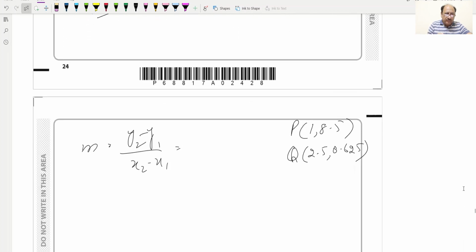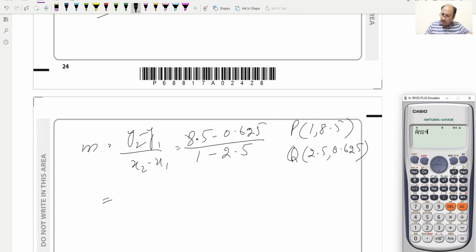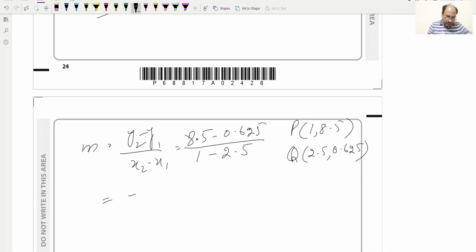So now we can write y2 minus y1, taking 8.5 as y2, minus 0.625, divided by x2, which is 1, minus x1, which is 2.5, and we can solve this with the help of a calculator. So this will be 8.5 minus 0.625 over 1 minus 2.5, and this will give us minus 21 by 4, or the decimal value will be minus 5.25. This will be the gradient which we were supposed to find.